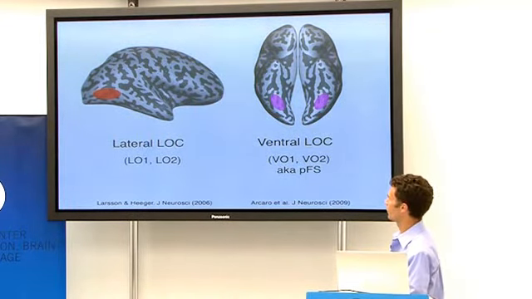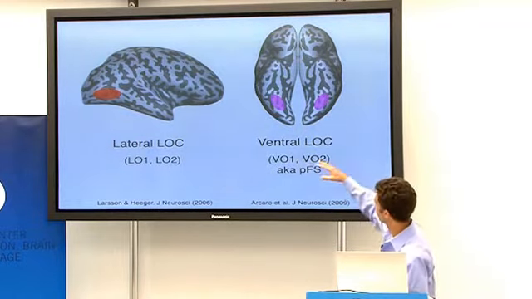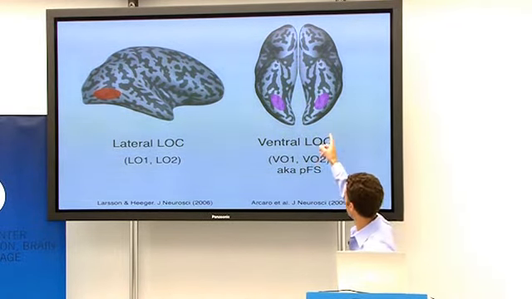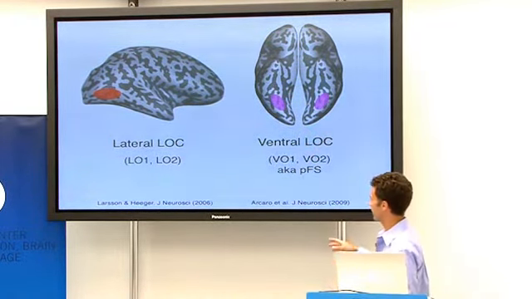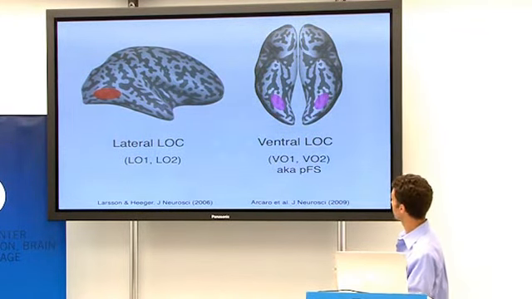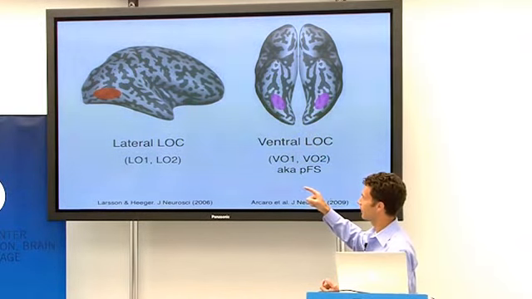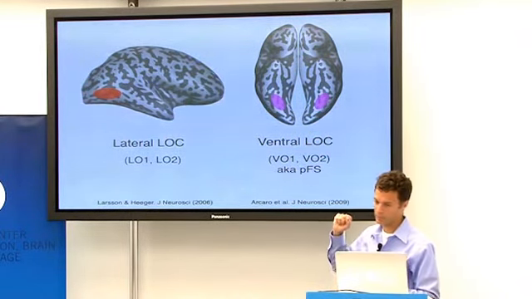There are other ways of carving up this region, but generally it gets called the lateral LOC. Now, viewing the underside of the brain, this is the ventral LOC. It also has several names, VO1, and it also gets called the posterior fusiform sulcus. This area has even weaker retinotopic organization than the lateral occipital complex does.